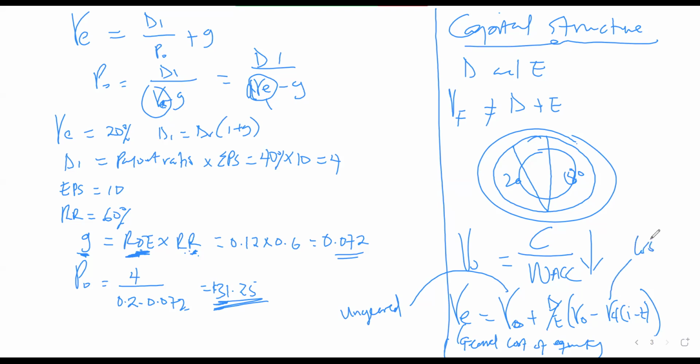RD is cost of debt, which you are aware. T is tax rate. D, value of debt. E, value of equity, so D over E is the debt to equity ratio. So this is the proposed model to calculate your geared cost of equity by Modigliani and Miller, given that our capital structure is changing or we are introducing debt to our capital structure.